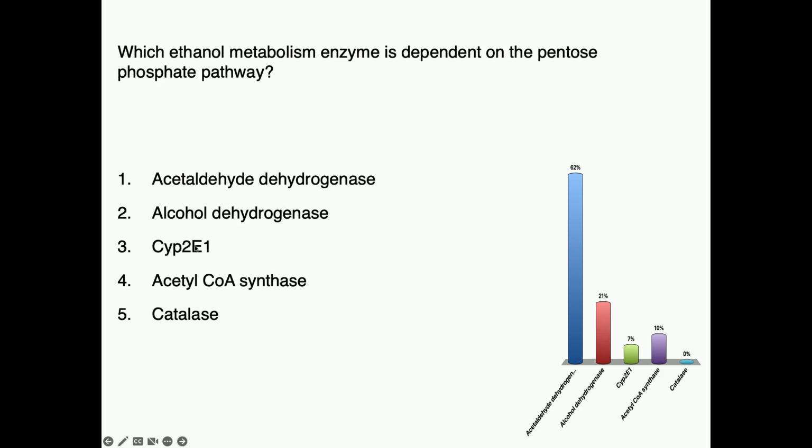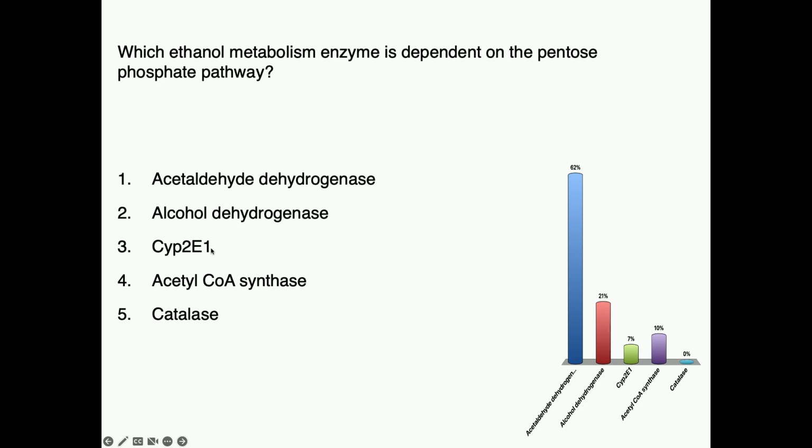CYP2E1 is part of the microsomal ethanol oxidizing system, or MEOS. It's a cytochrome P450 enzyme. Has Dr. Lotcher talked about those? These enzymes have the common feature that their expression is upregulated by their substrates. So when you drink a lot, you get more expression of CYP2E1 and more of your ethanol gets metabolized through that pathway.